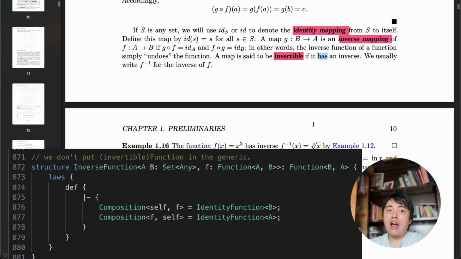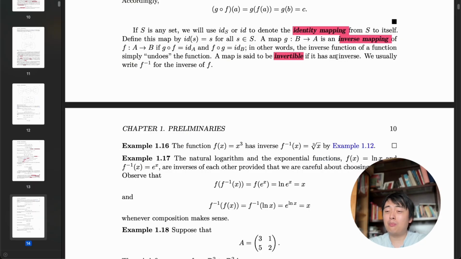Sometimes we will have laws that conflict with each other, and we don't know about that when we define the structure. We will have to derive contradictions when we try to prove something about this structure. When we try to apply the laws from the structure in a proof, only then will we insert those conditions into the context and try to find the inconsistency. But tactics are the only mechanism to check whether something is consistent.